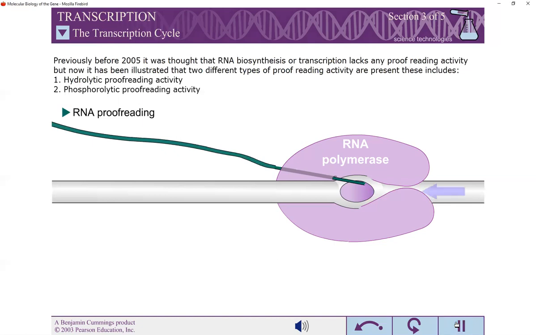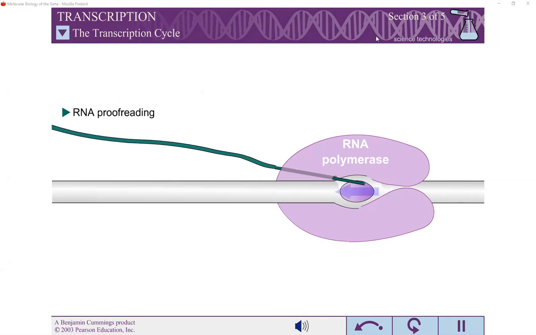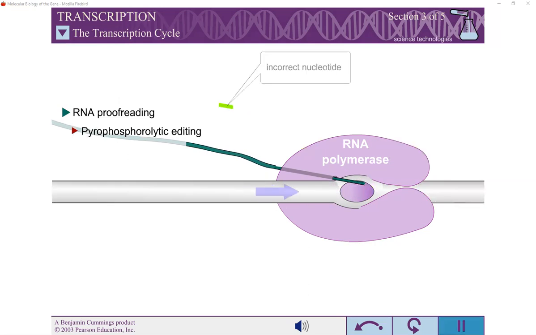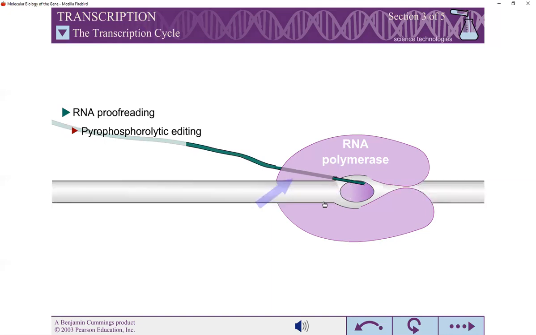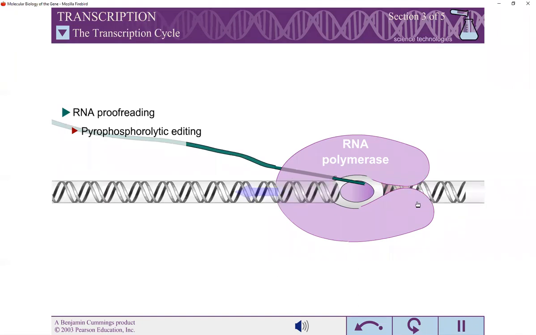RNA polymerase has two proofreading mechanisms. The first mechanism is called pyrophosphorolytic editing, in which a simple back reaction takes place. Once the simple back reaction takes place, it is going to move back, and it is going to catalyze the removal of an incorrectly inserted ribonucleotide.